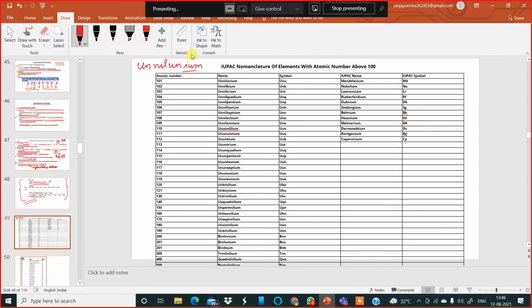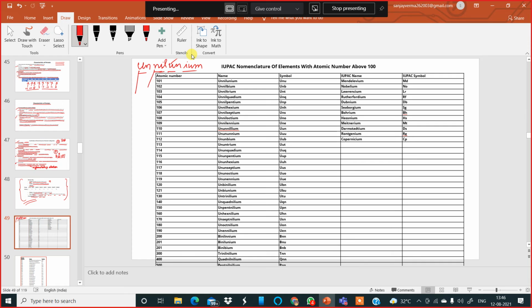See, how many parts? Un, nil, un, ium. That is how you name the element whose atomic number is 101. And what is the symbol? U, N, U.